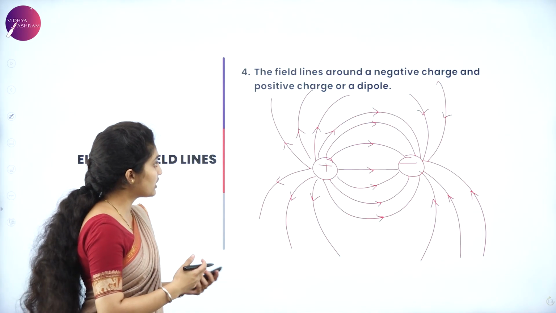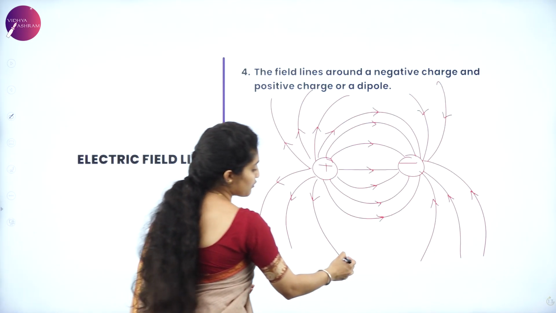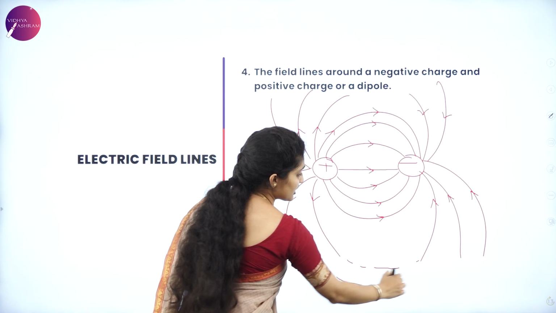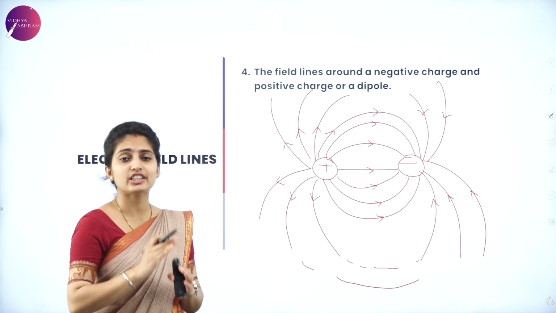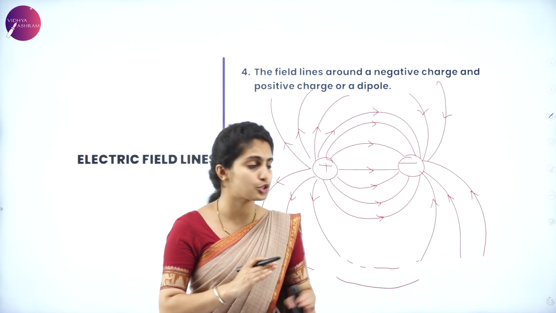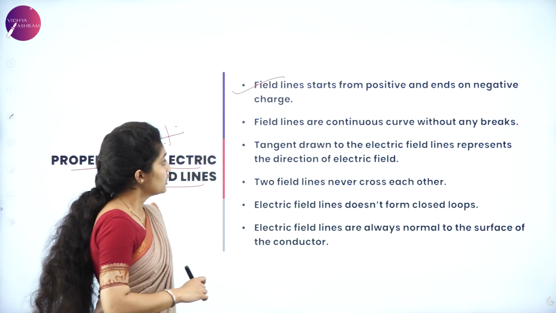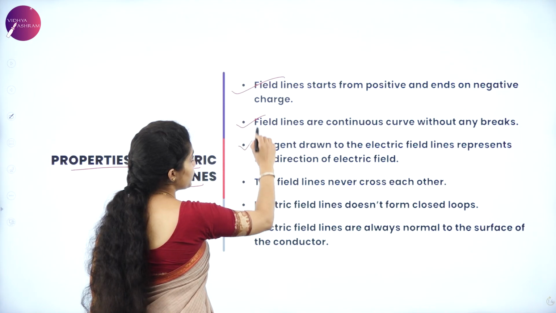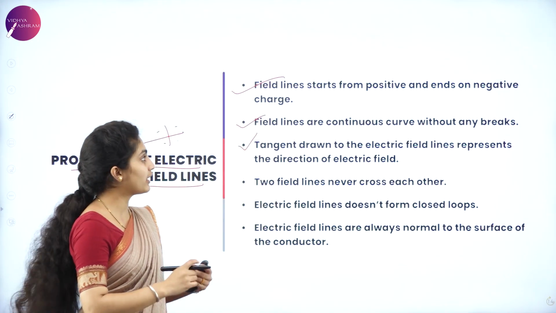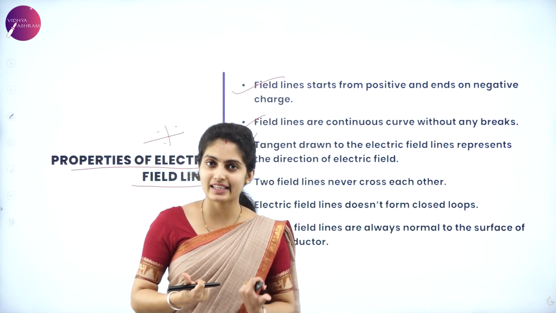See the previous slide, you can see I have broken it. It is just the continuity. There is no breakage of any electric field lines. It shows the continuity of the electric field lines. So you have got the rest of the two along with this point. One is that field lines start at positive and end at negative.